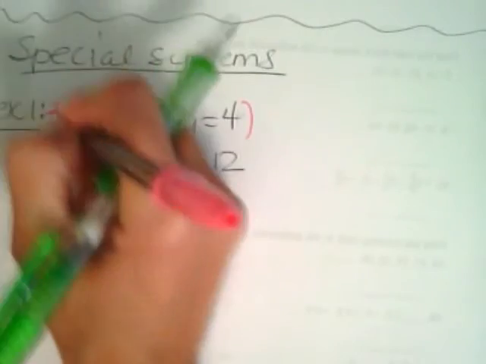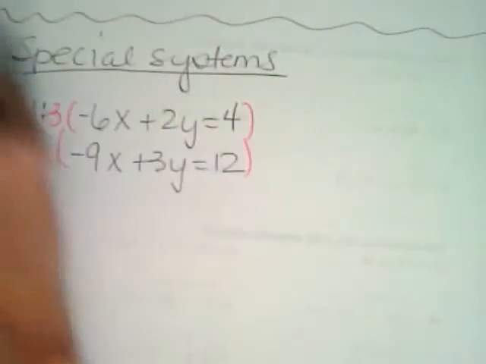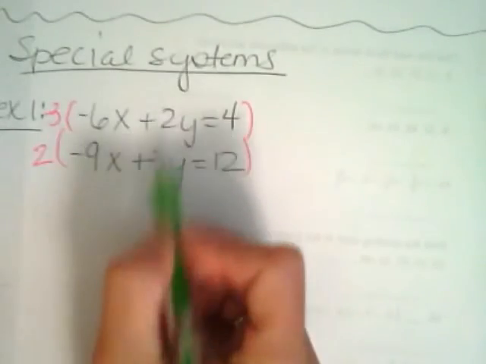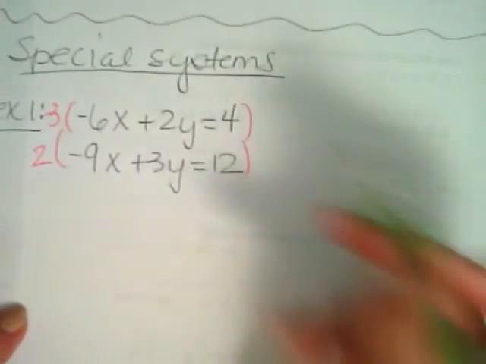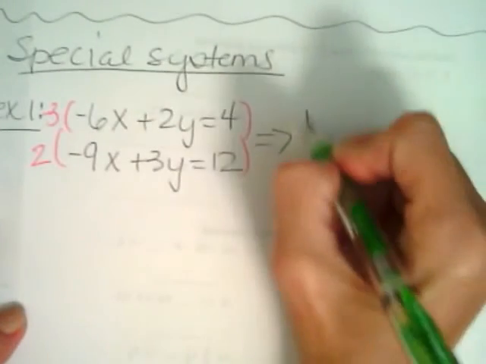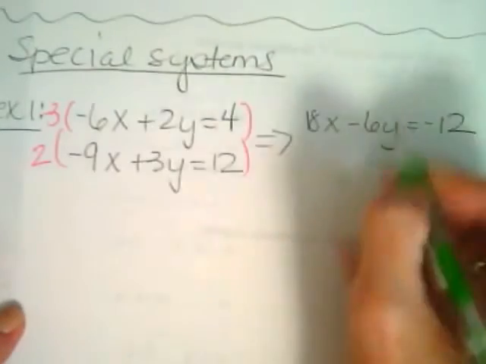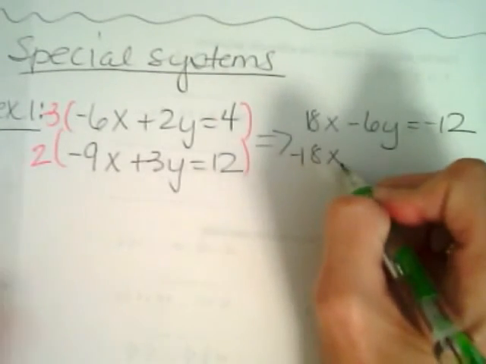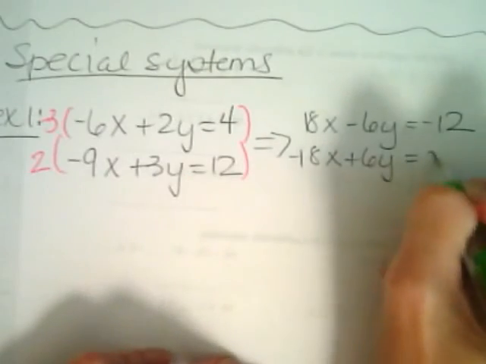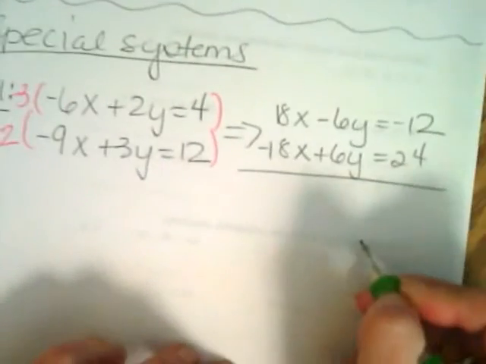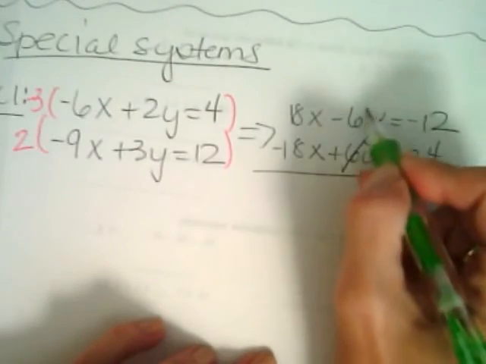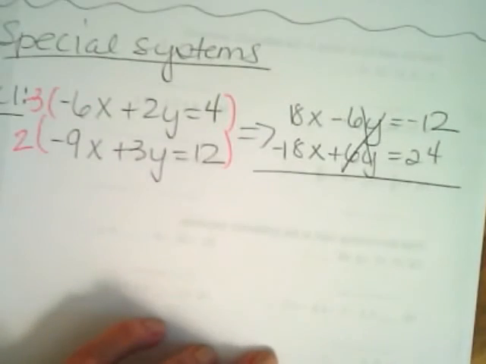So I want to get rid of y, so I'm going to multiply the top by negative 3 and the bottom by 2. And remember, one of them has to be negative, and I chose the top. It doesn't really matter. Distribute, and then distribute here. So I'm getting rid of y, and we know a negative 6 and a positive 6 is 0.